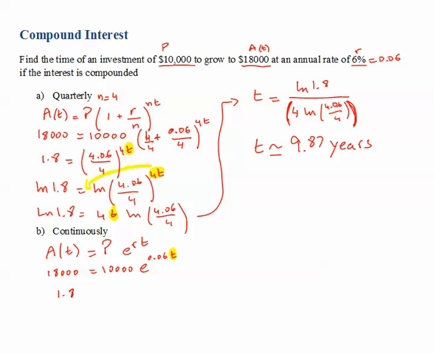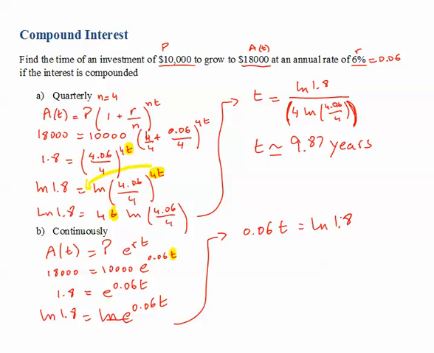And so we have 1.8 equals e to the power 0.06t. Since we have e, it's better to use ln because they are inverses of each other. So ln 1.8 is equal to ln e to the 0.06t. Since ln and e are inverses of each other, we end up with 0.06t equals ln 1.8.